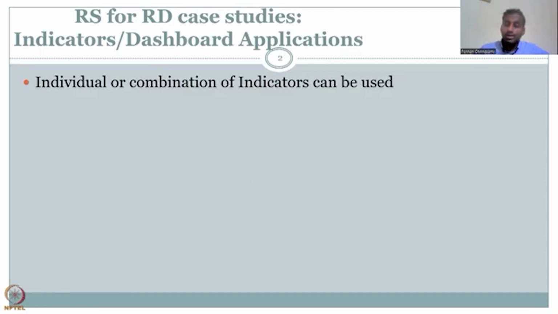Unlike other remote sensing and GIS users, this is very different because we want to improve or serve the rural communities. And for that, we need to make sure that decision makers and policymakers understand these indicators. The indicators can be very specific or applied. There can be one individual indicator like NDVI or a combination of indicators. We looked at this when we looked at the database for indicators.